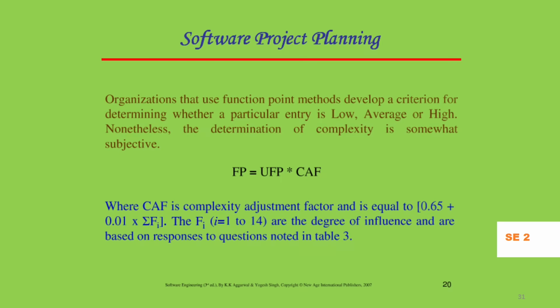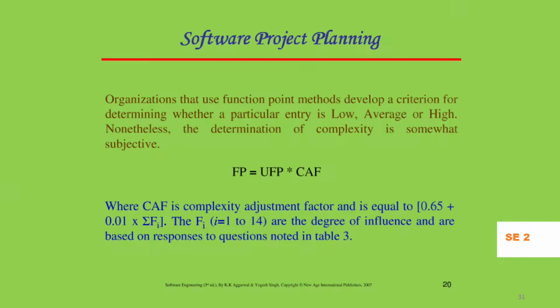Organizations that use the function point method develop a criterion for determining whether a particular entry is low, average, or high. Nonetheless, the determination of complexity is somewhat subjective. So yung pag-determine natin between high, average, and low can be subjective.